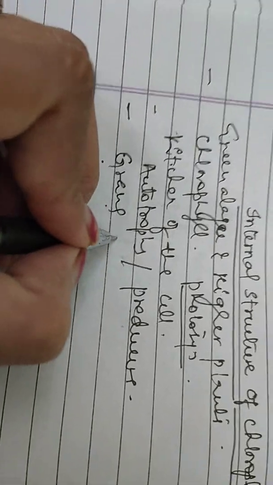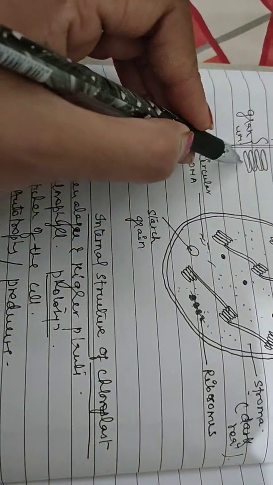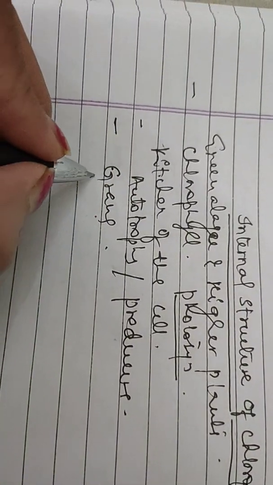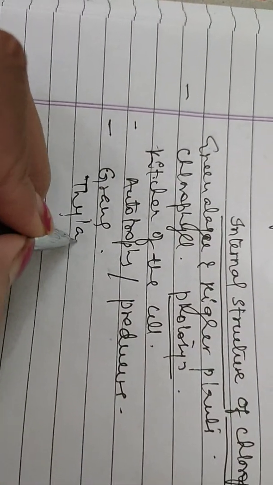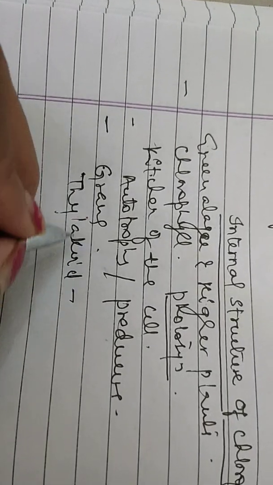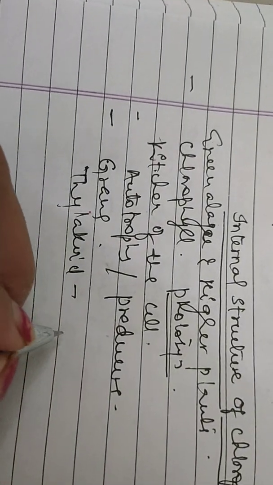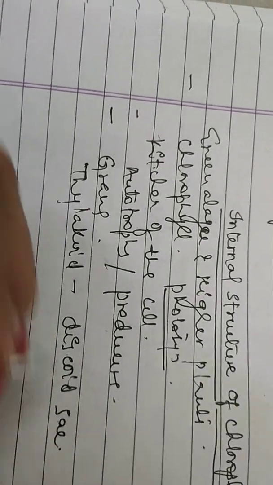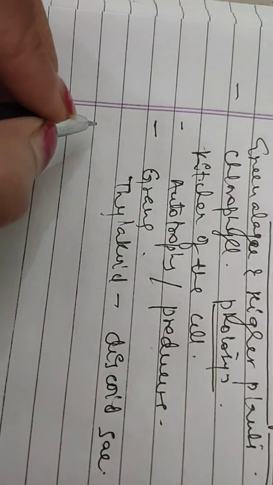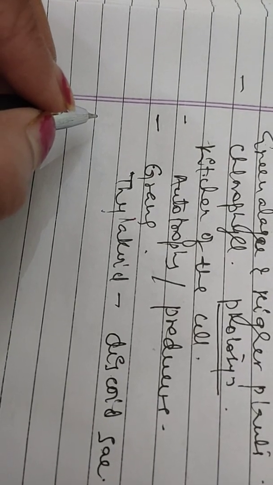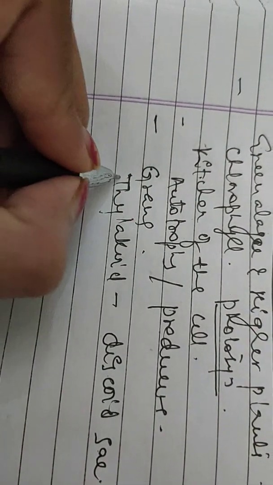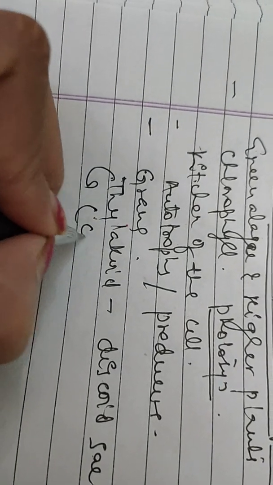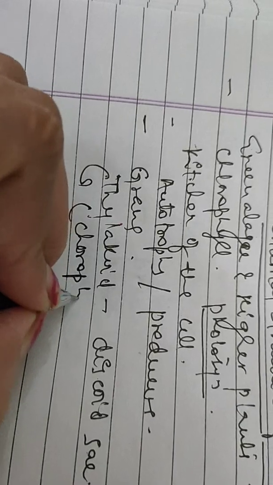Grana are stacks of membrane, as I told you, and a thylakoid is a discoid, disc-like, sac-like structure. The molecules of chlorophyll are present in the thylakoid. The inner membrane of the thylakoid has what? Chlorophyll.